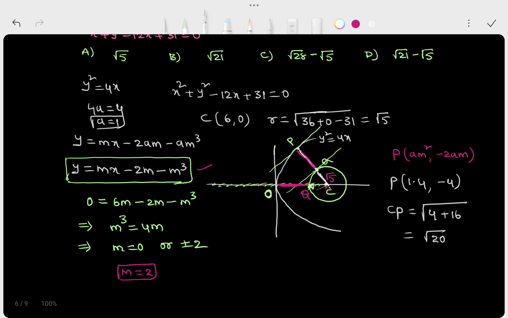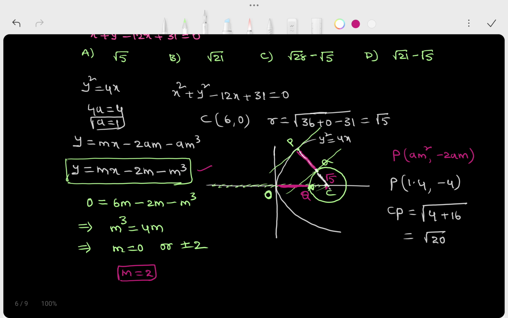Okay, just a minute. Here is one more doubt. Here you should get the CP length. The center will be 6 comma 0. Distance between CP will be square root of 4 plus 16. 4 plus 16 will be root 20.